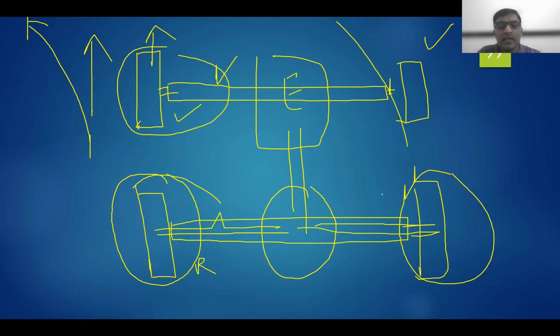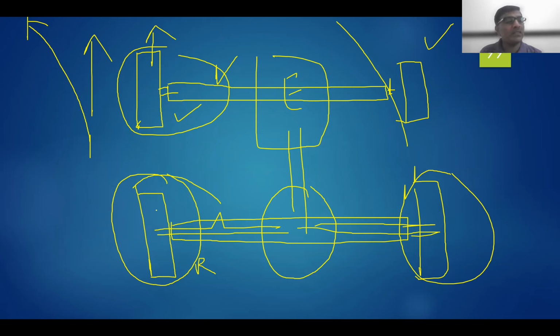Now in the same time, if both wheels have to reach one particular location, we need to change the speed. So this will have to cover less distance as compared to this one. So it has to rotate with larger speed and this has to rotate with less speed.